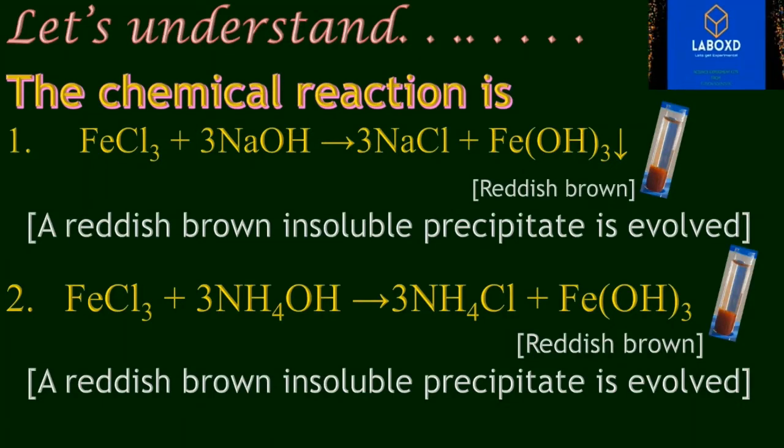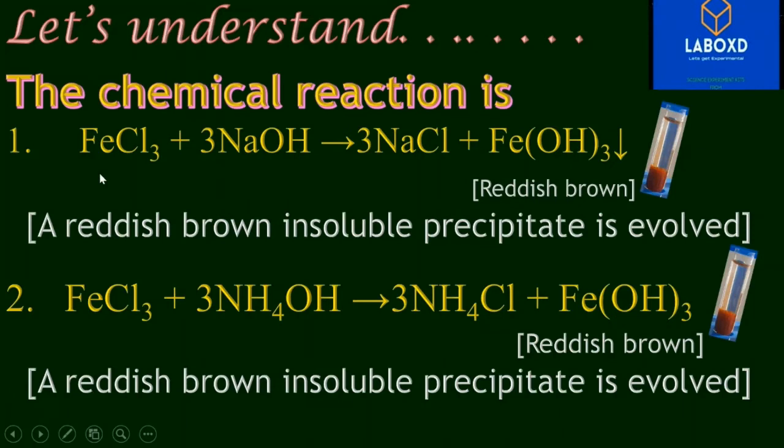The chemical reaction is FeCl3, ferric chloride, plus 3NaOH, sodium hydroxide, reacts to give 3NaCl, sodium chloride, plus Fe(OH)3, ferric hydroxide. It is a reddish-brown insoluble precipitate.